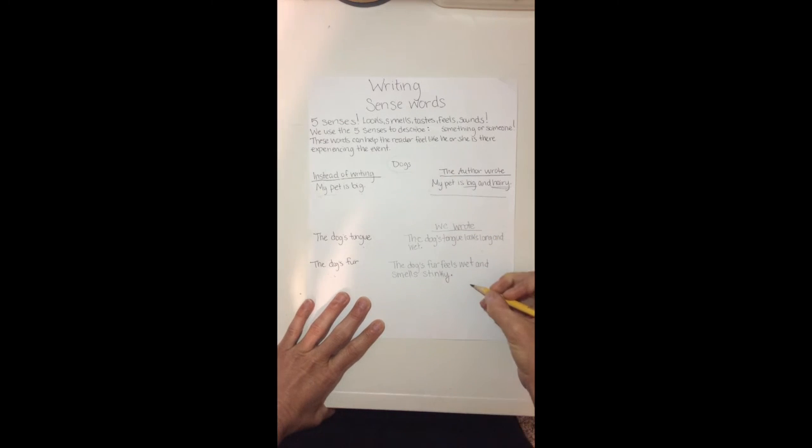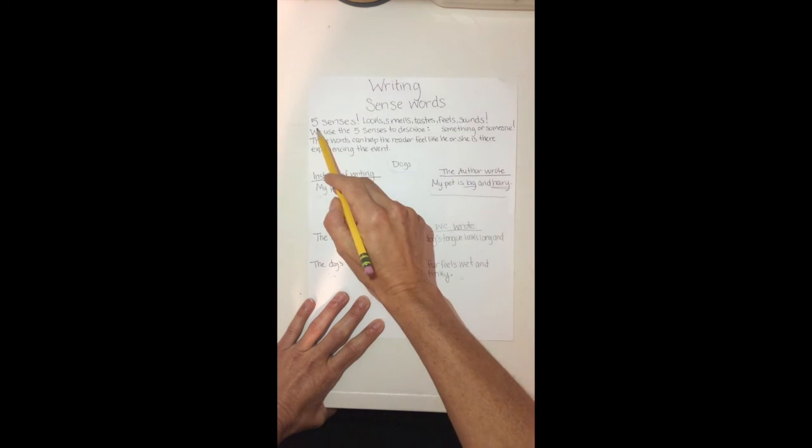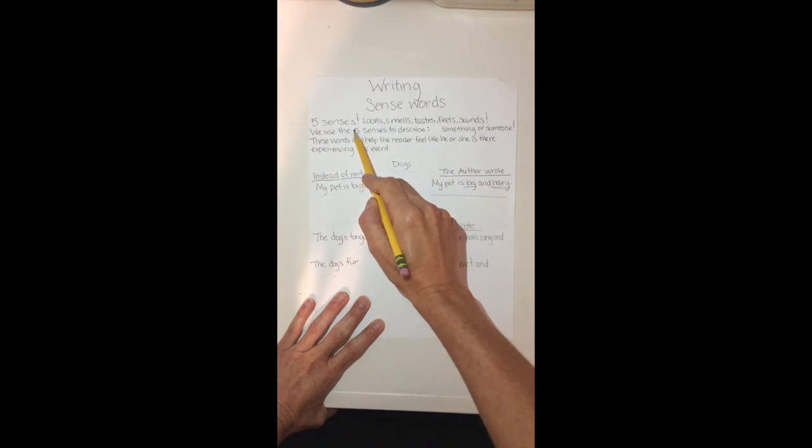This sentence describes how the dog's fur feels and smells. We looked at the picture to decide that. We used our 5 senses to describe.